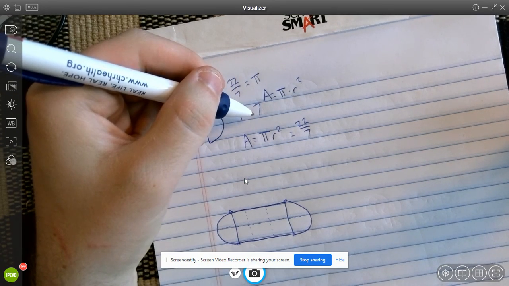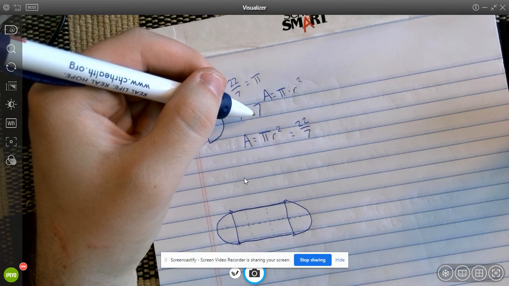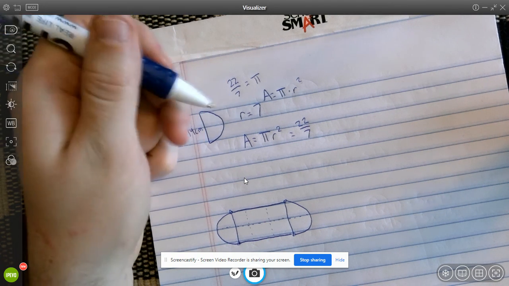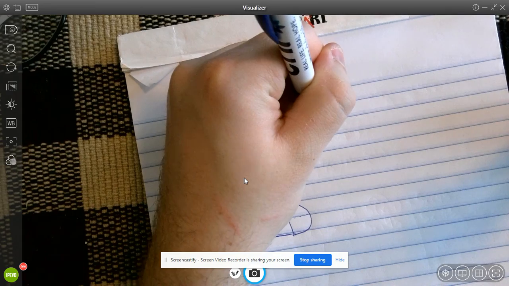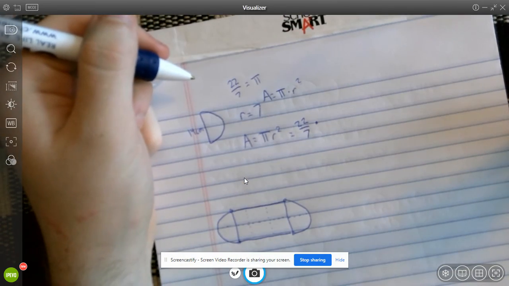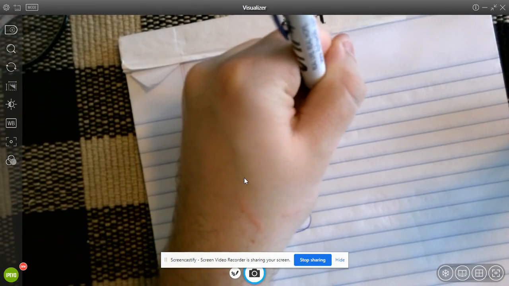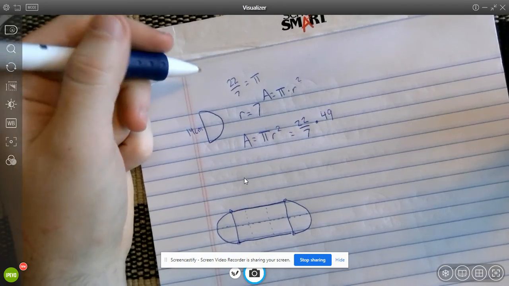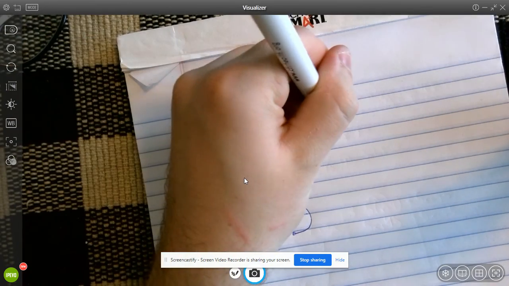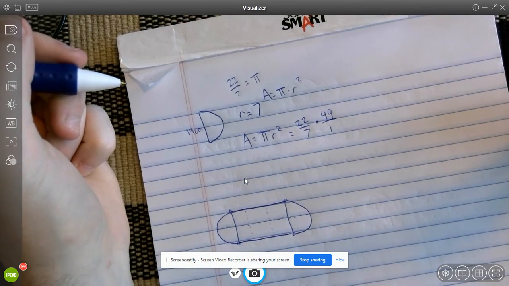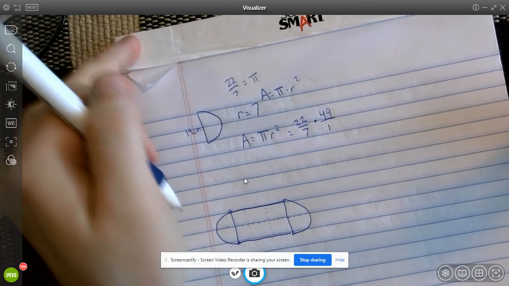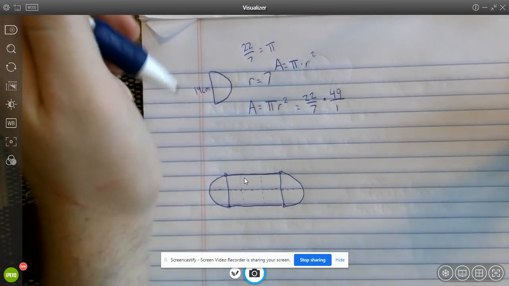So what is 7 squared? Hopefully you realize that 7 squared is the same thing as 7 times 7, and 7 times 7 is 49. I'm just going to write 7 squared as 49, or 49/1, because it is a whole number. Now we're going to do something here called cross-simplifying to make things a little bit easier.